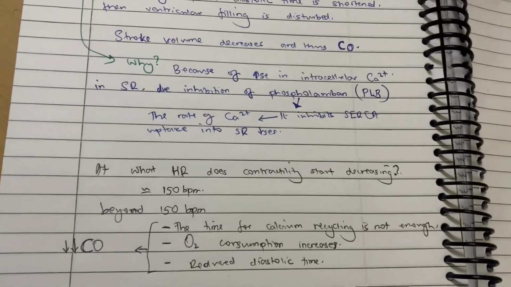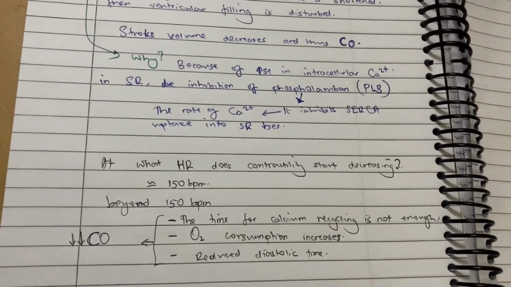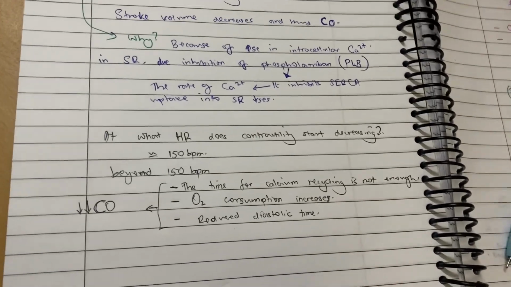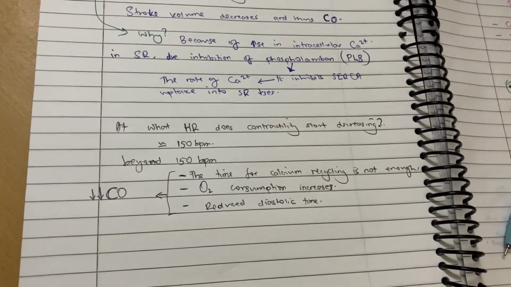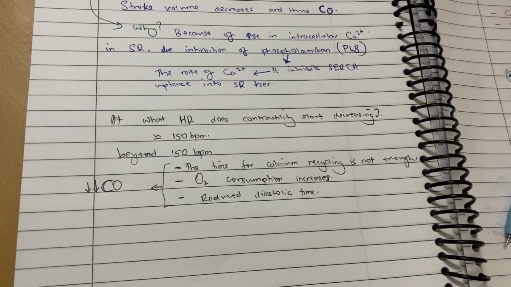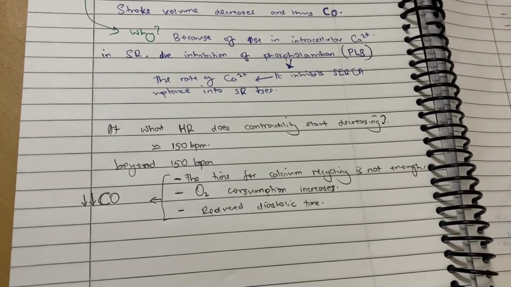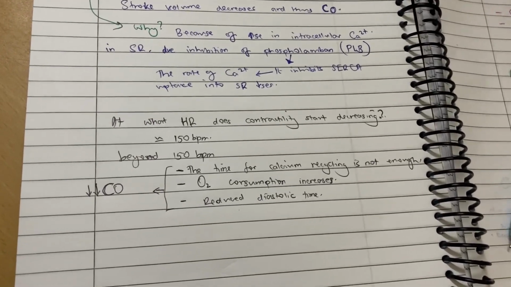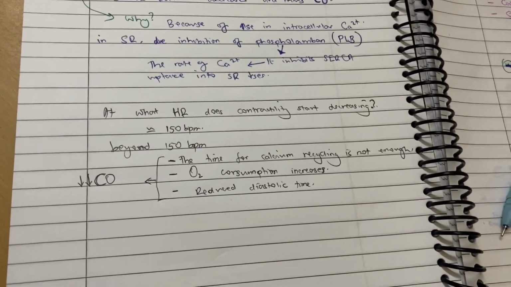So under those circumstances, heart rate should be controlled. For example, in acute MI with stable hemodynamics, heart rate is always controlled.